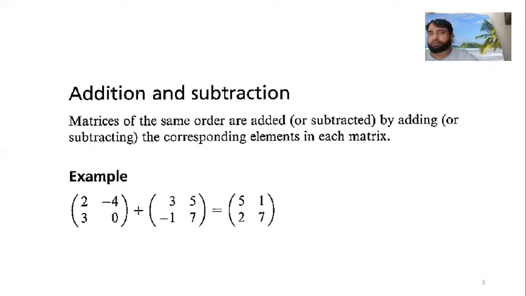When you are going to do addition and subtraction, you have to check the order. If you want to add or subtract matrices, then their orders have to be the same. So if the orders of both matrices are the same, only then can you add or subtract them.